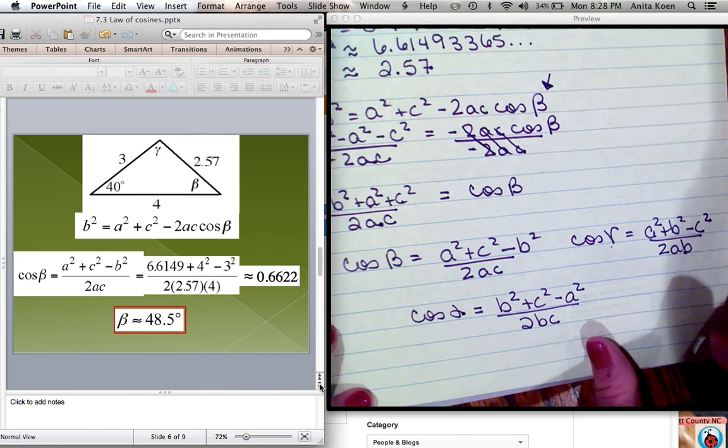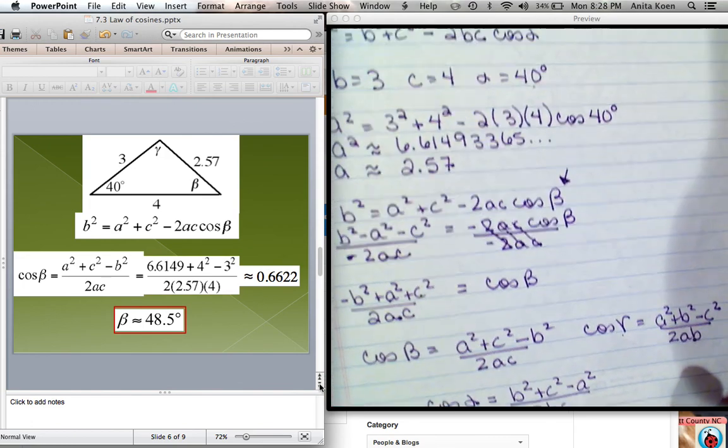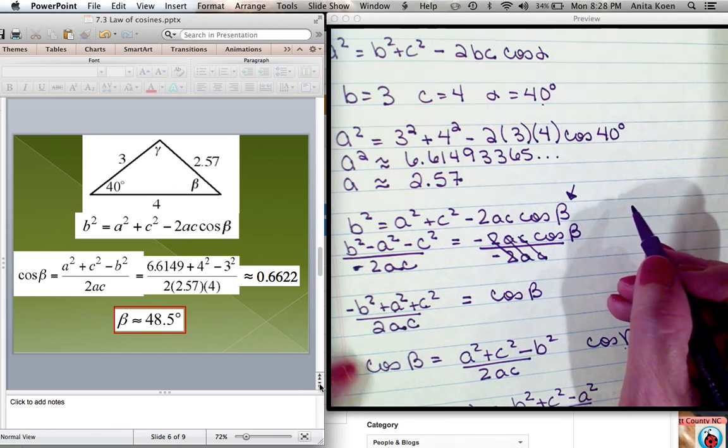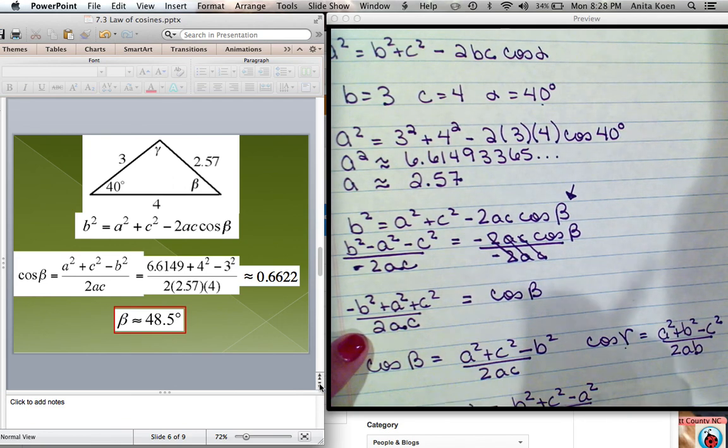Okay, so remember that as I slide back up here, what we were going to do next was look for the cosine of beta. So I'm going to use this formula right here for the cosine of beta.